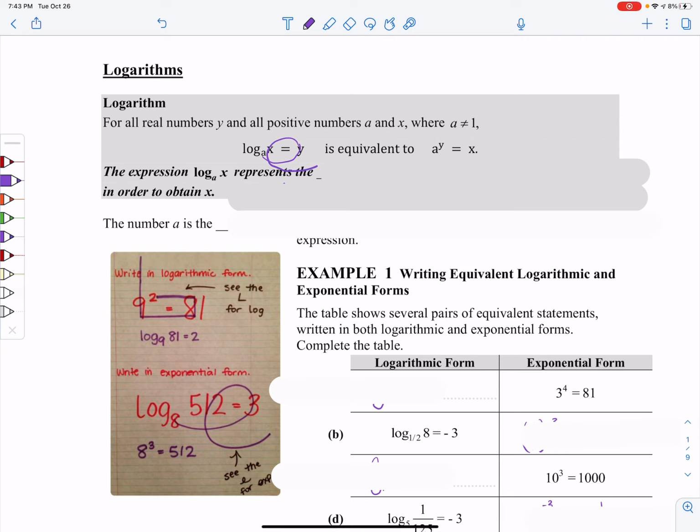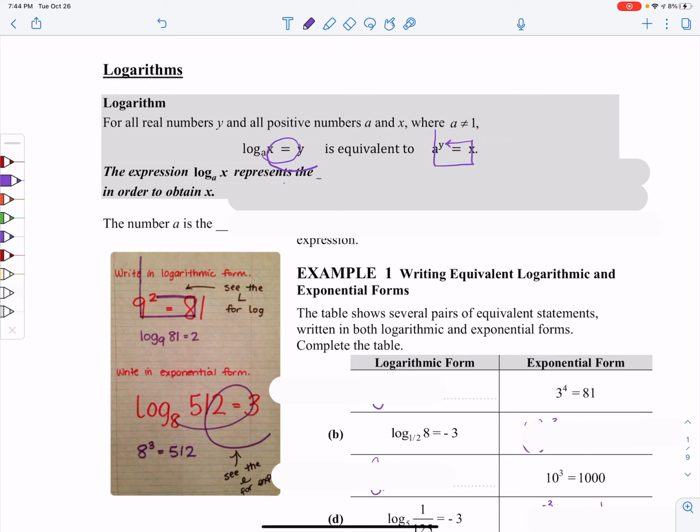So I would use an e to change a logarithm into an exponential. If I wanted to change an exponential into a logarithm, I'm going to use an L. So we'll have log base a of x is equal to y. And you can see that there in the graphic that I have listed below, the exact same thing.